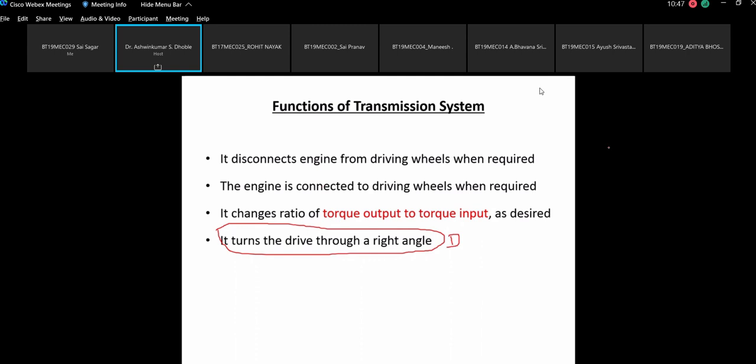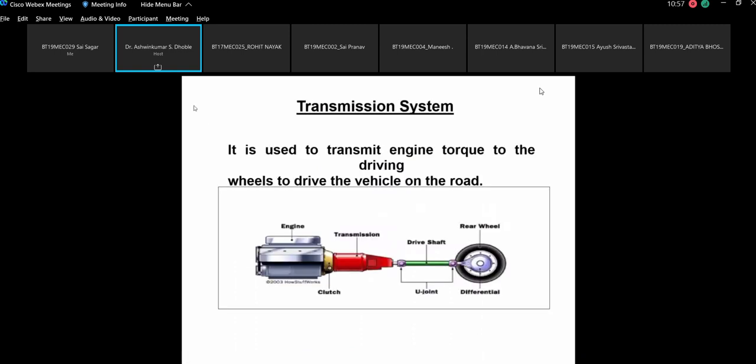So he is describing the complete transmission system, right from the engine to the rear wheel. The transmission system is used to transmit engine driving torque to the driving wheels to drive the vehicle on the road. This is the layout which we have seen. It actually looks like this.